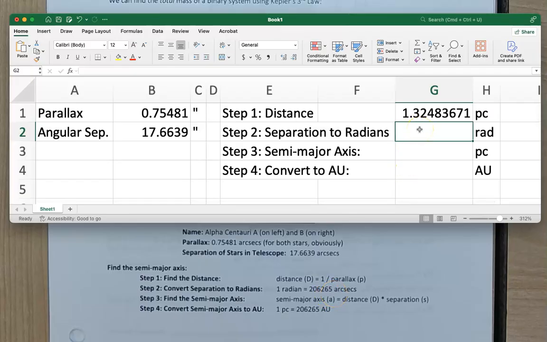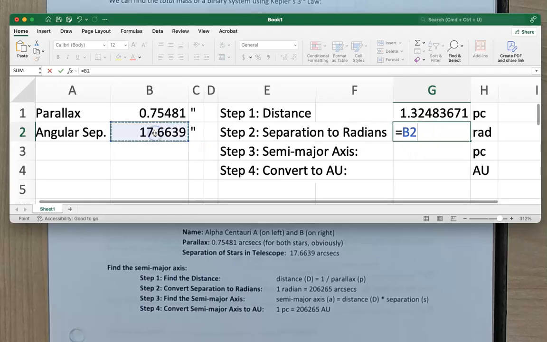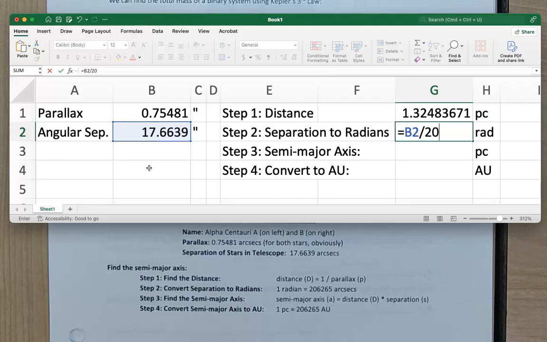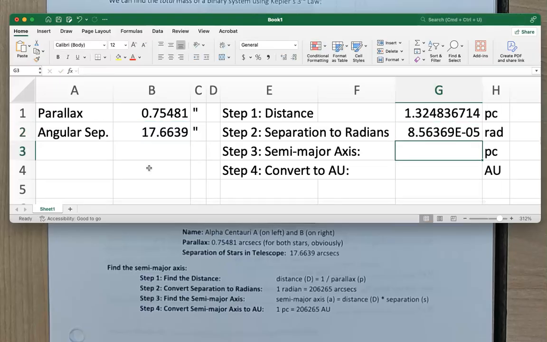So then that angular separation in radians is going to be the 17 arc seconds divided by the number of arc seconds in 1 radian, which is the 206,000. Okay, and that's 8 times 10 to the negative 5, right? 8 times 10 to the negative 5.